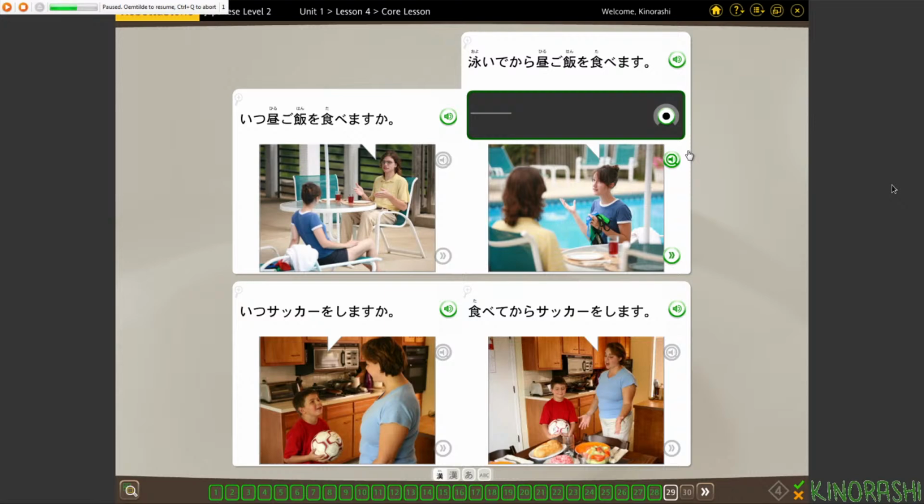Kara, Japanese to English. Because, since, okay.